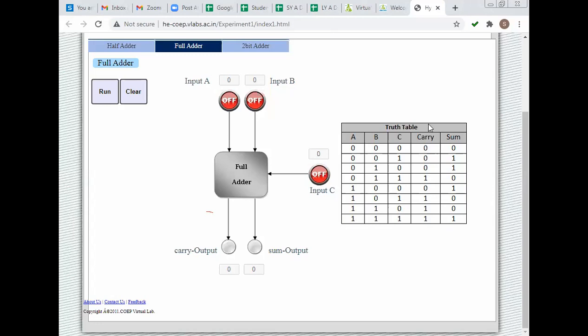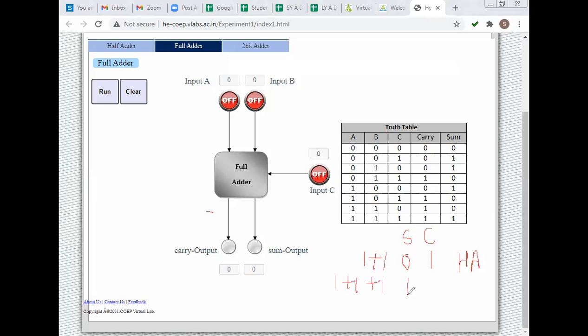In half adder, what happened if both inputs are high? Suppose 1 plus 1, what happened? Here is a sum, here is a carry. In half adder, 1 plus 1, sum is 0 with carry 1. And in full adder, what happened? 1 plus 1 plus 1, what happened?